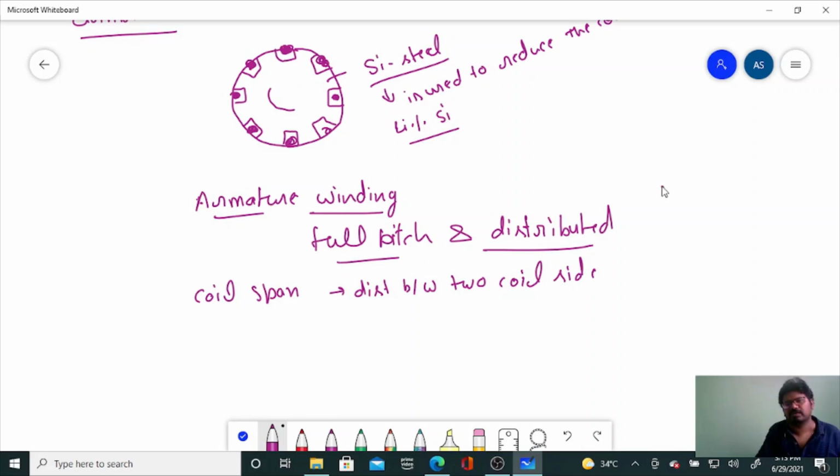Suppose we have a coil with two conductors, one coil side is here and one is here, so this distance is your coil span.